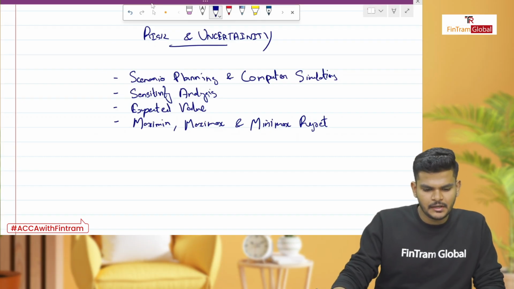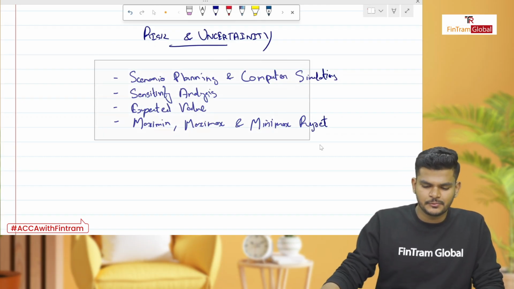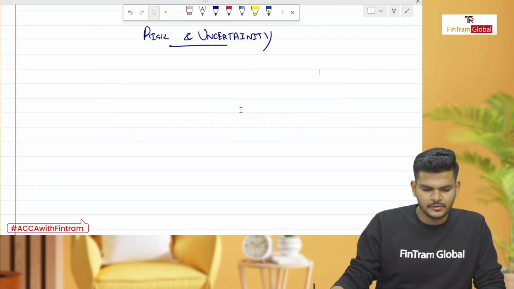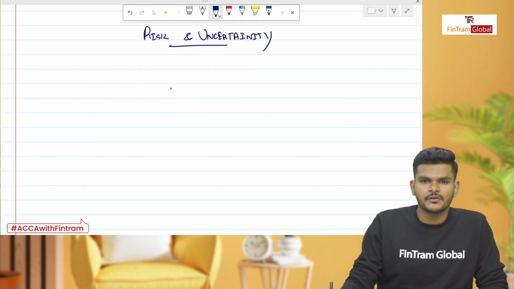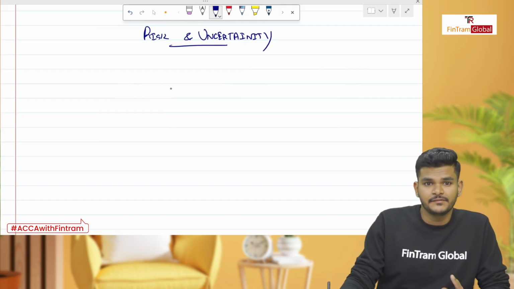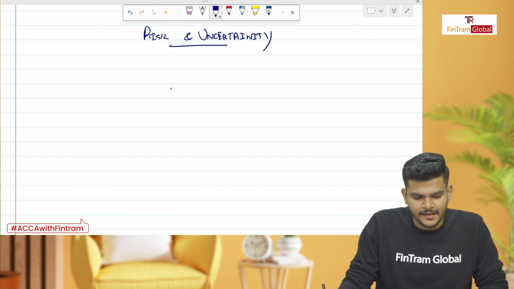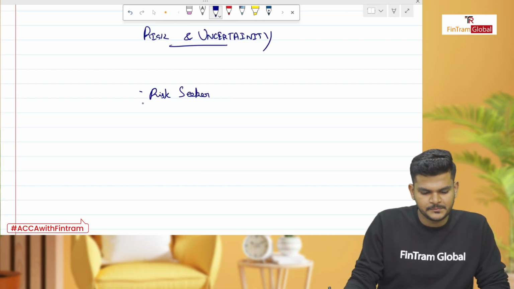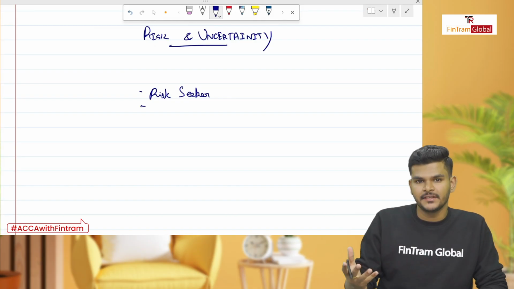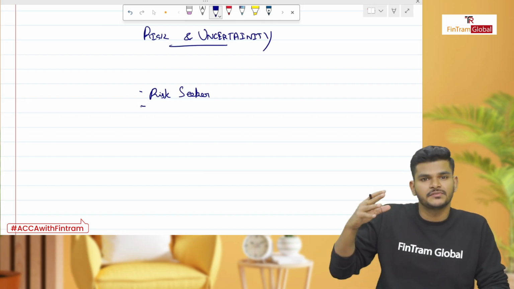And of course, we know that there are risk appetites as well. So what are the risk appetites all about? When it comes to certain organizations or certain individuals, they have different perspectives to risk. So there are risk seekers, the people who are willing to take risk and go for the best of the best outcome.